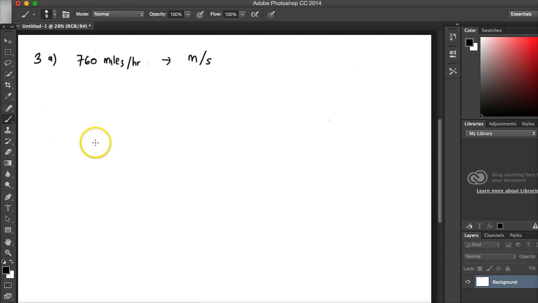This is question 3A, and it wants us to convert 760 miles an hour to meter per second.